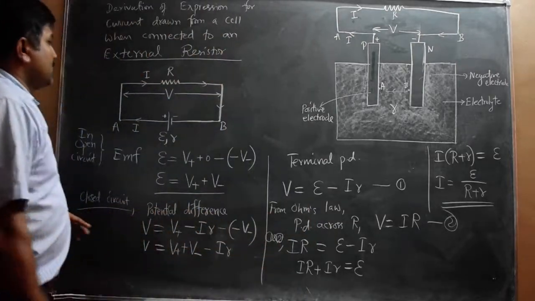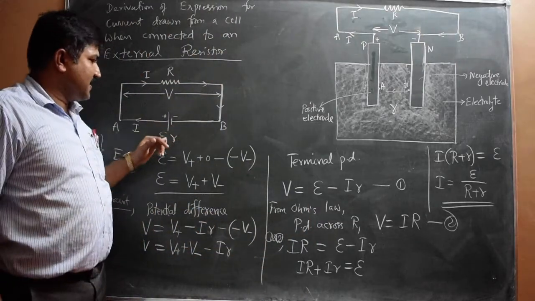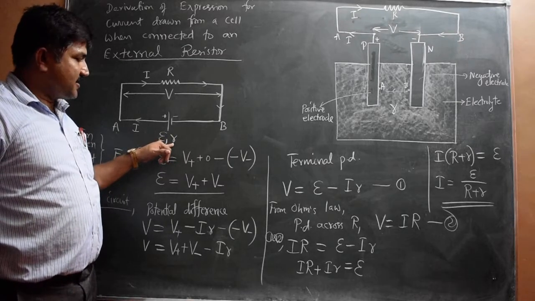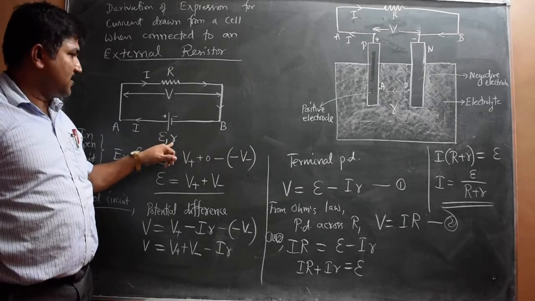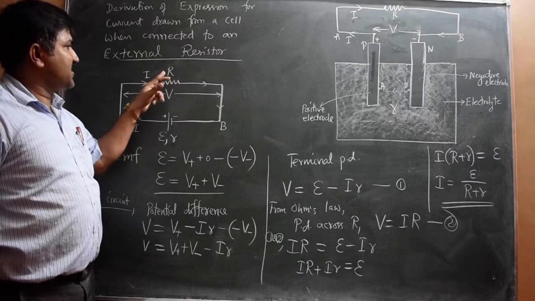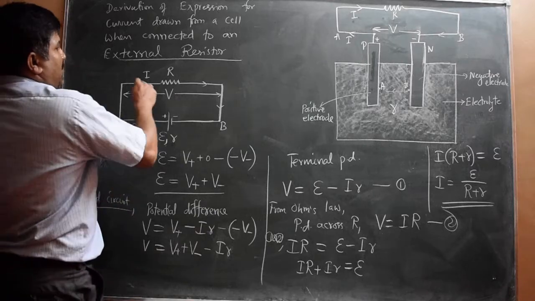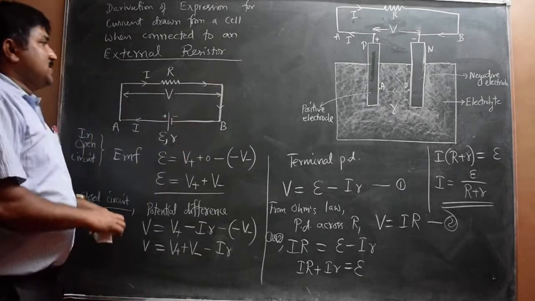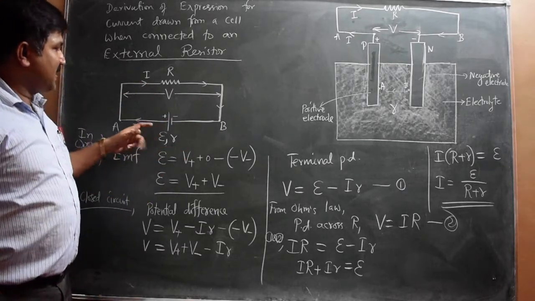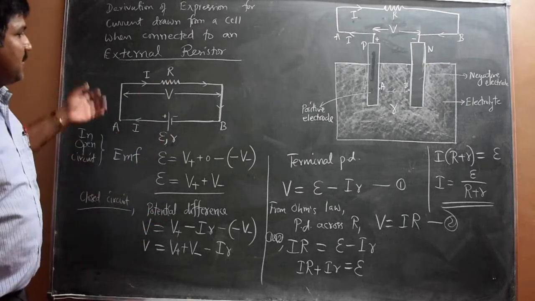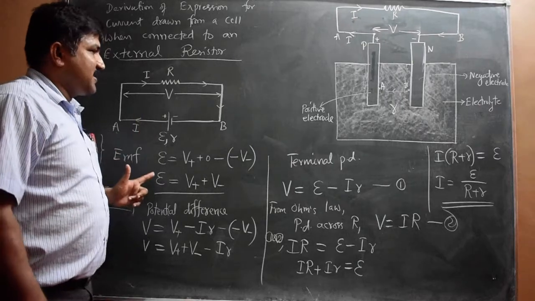So one cell is there whose EMF is epsilon and which has internal resistance denoted by small r, and an external resistor of resistance R is connected across the cell: positive terminal to one end, negative terminal to the other end. There will be a current I drawn from the cell, and the same current flows through the external resistor R. First we write the EMF of the cell.